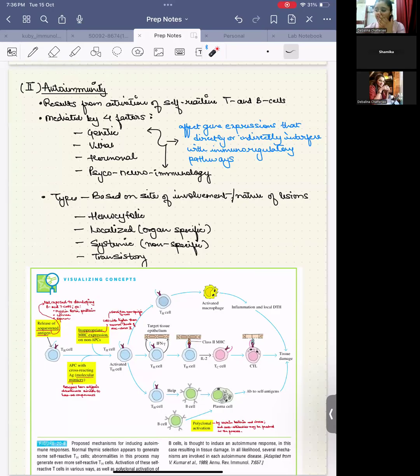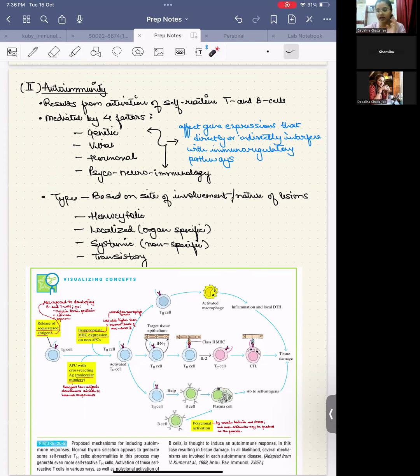The trigger for autoimmunity can be any of four factors. It could be because of a genetic factor, a viral infection, some hormonal changes, or psychoneuroimmunology, which means some sort of stress or any sort of changes in your nervous system that is triggering an immune response.